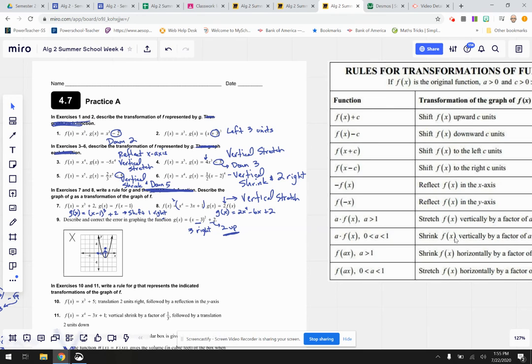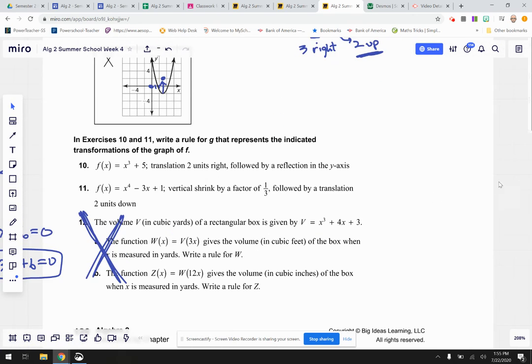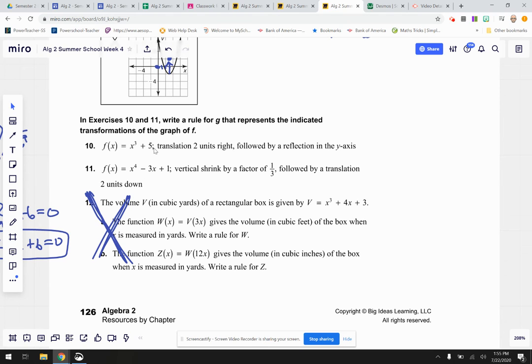Okay, last 2. Write a rule for g that represents the indicated function. We're going to take this, go 2 to the right, and a reflection in the y-axis. So we're going to take the g of x function, which is going to need to be reflected in the y-axis, which means you're just going to put a negative on the x.